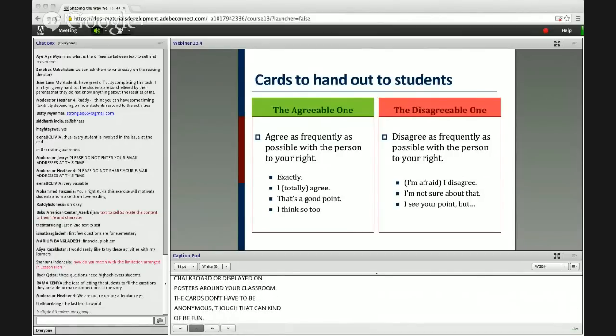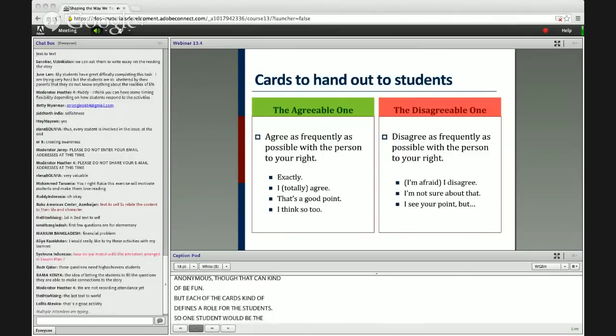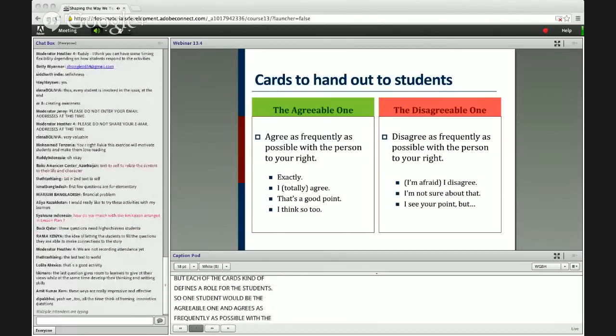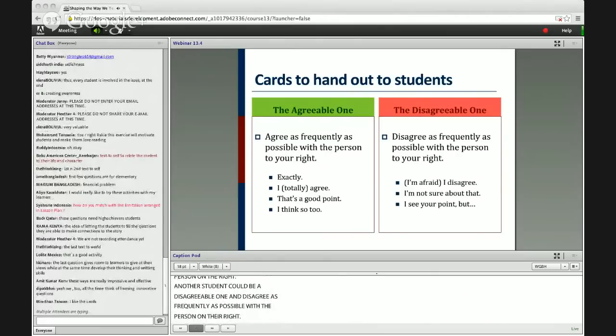So one student would be the agreeable one and agrees as frequently as possible with the person on the right. And another student could be a disagreeable one and disagree as frequently as possible with the person on their right. So obviously this would be larger than a partnership, maybe 3 or 4 students in this group.